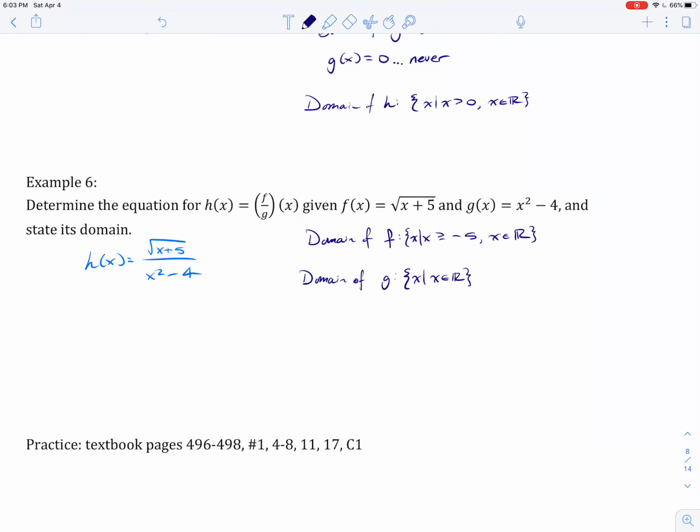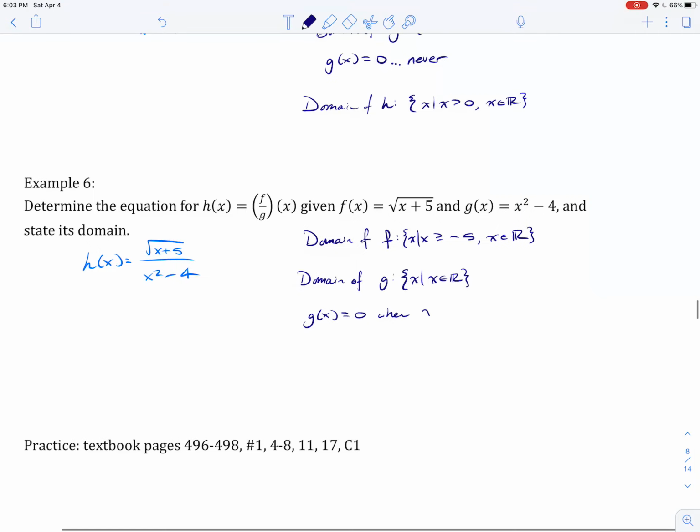So we've got our radical function, we've got our quadratic function. Our denominator could be equal to 0. If we solve that, when is x squared minus 4 equal to 0? Happens a couple times. So when we look at the collective domain for our quotient function, youch! All the x values have to meet multiple criteria here.